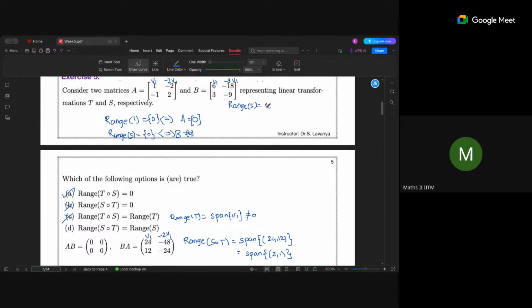So the range of S is span of V1. So this again I can write as span of (2, 1). Yes. So now what about option D? Range of S composition T and range of S, are they same or not? Yes, ma'am. Same. Is this question clear for everyone?